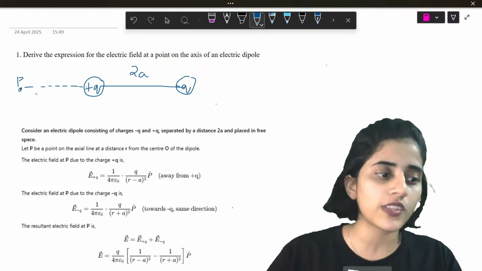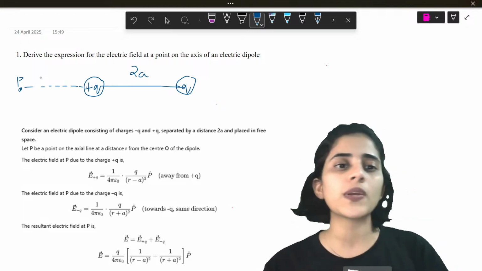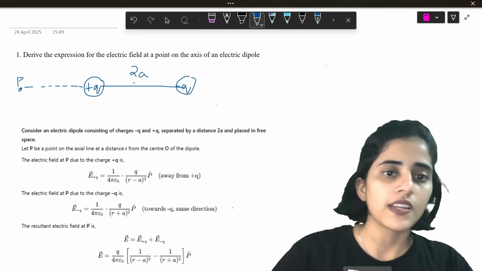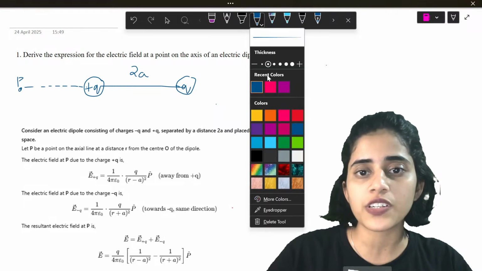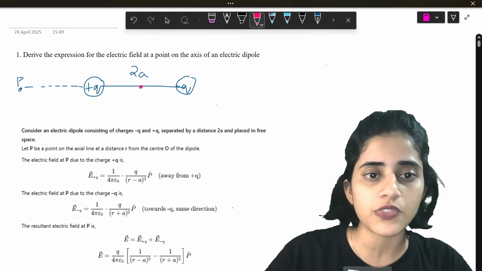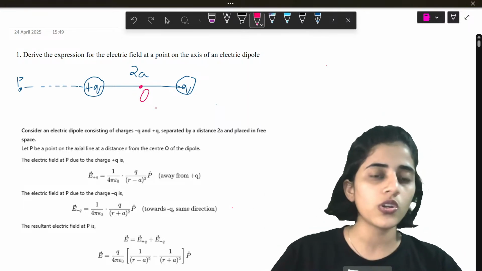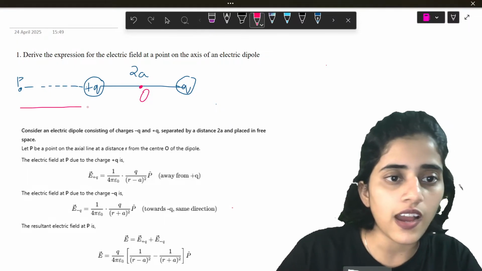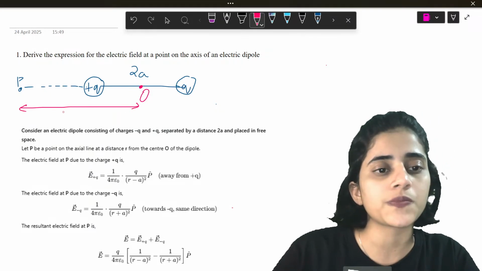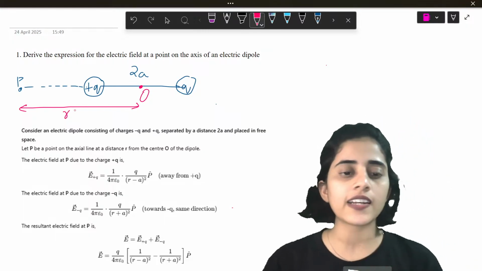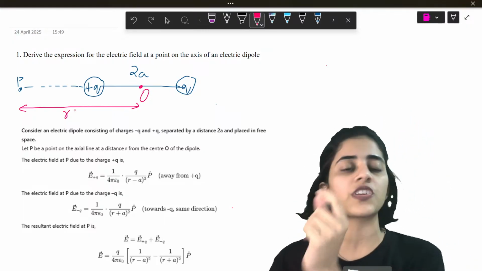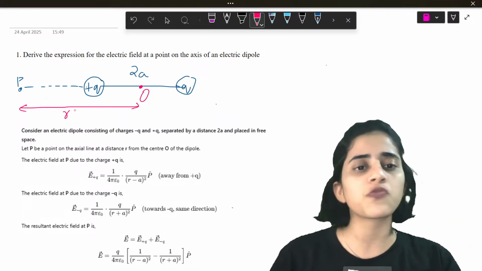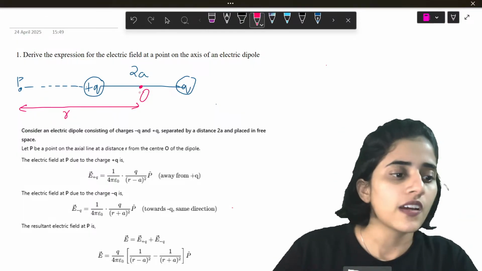Point P will experience a field because of plus Q and minus Q. From the center of the dipole, which is point O, you take a distance R till point P. R is the distance from the center of the dipole to the point P where you have to find the expression for electric field.